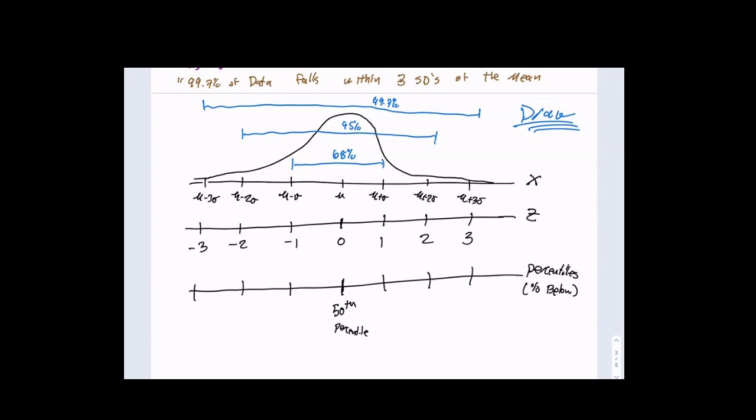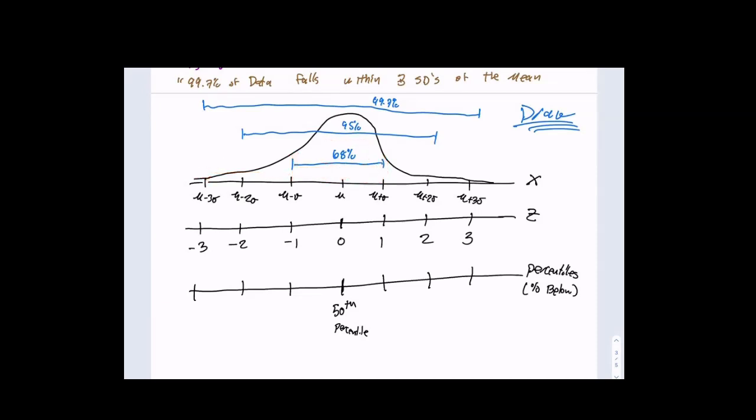Now comes a little bit of math. All right, so 68% is right in here, right? If 68% falls between here and here, how much is left over? 32%. And if 32% is left over, how much is below over here then? 16%.